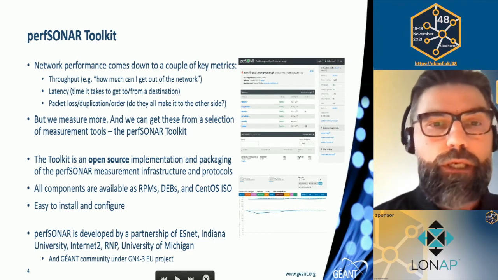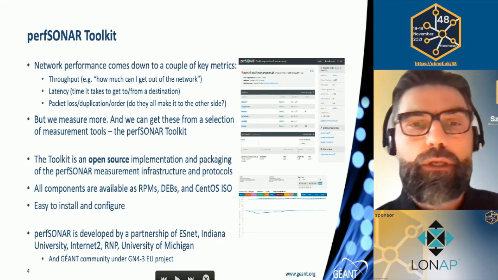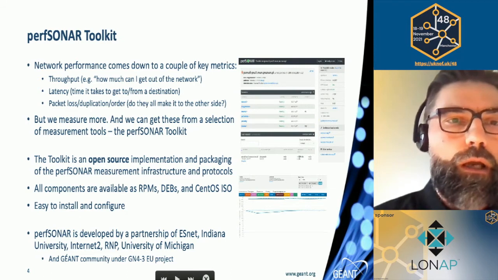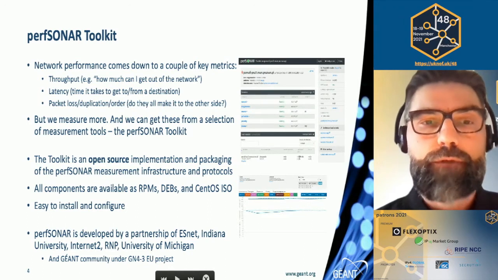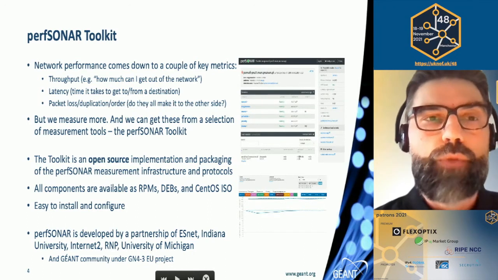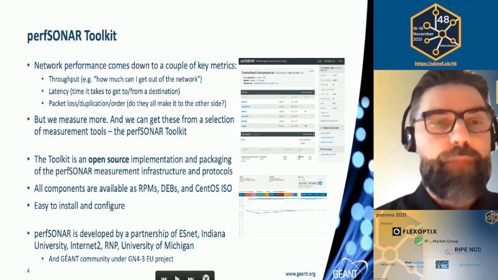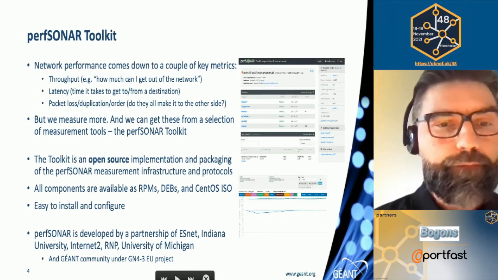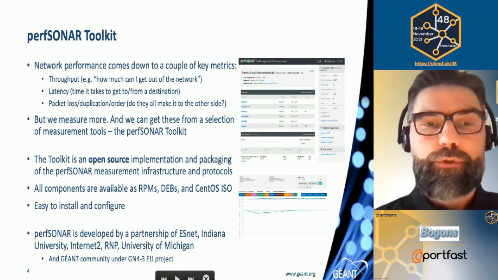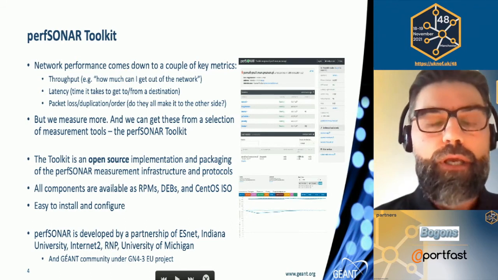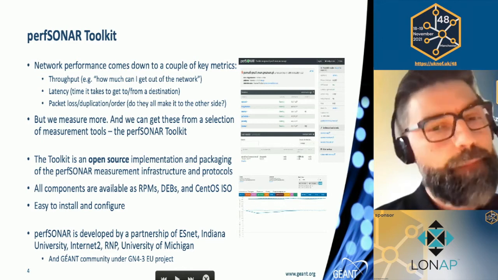So are we really sure that all the packets from my application make it to the other side? We can also run traceroutes to check the path the traffic is traversing, and many more. It just depends on the measurement tool which is embedded in the toolkit. It's usually quite easy and straightforward to configure and install a single instance, and you can immediately have it running and available for testing. Next slide, please.